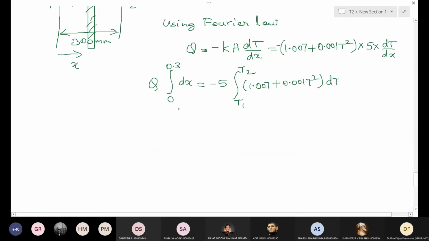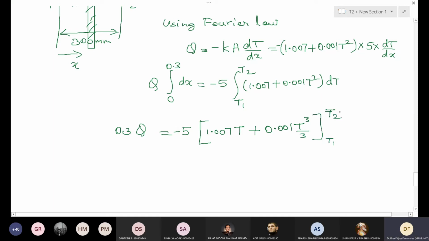On the left hand side, we get 0.3 Q equal to minus 5 times, what you get here is 1.007 T plus 0.001 T cube divided by 3, applying the limits T1 to T2.